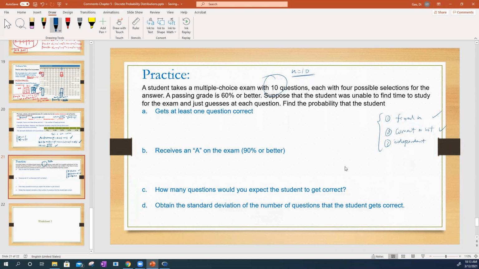Yes, right. For any question, if it's a pure guess process, then there is no influence. Whether correct on number 1 doesn't affect whether correct on number 2. So definitely independent. And then 4, the last one, the probability of success is the probability of answering correctly, right?